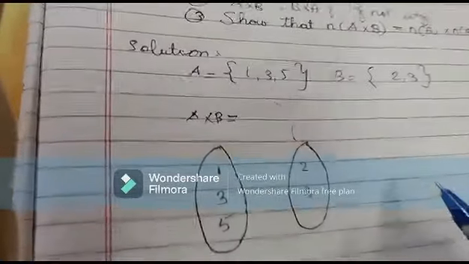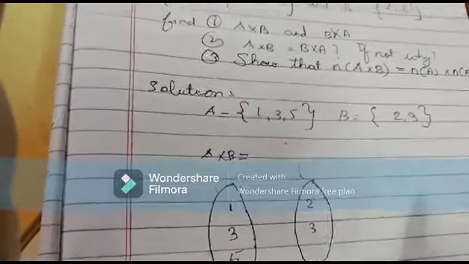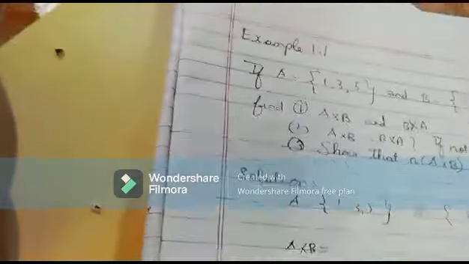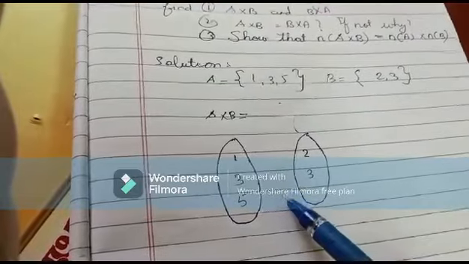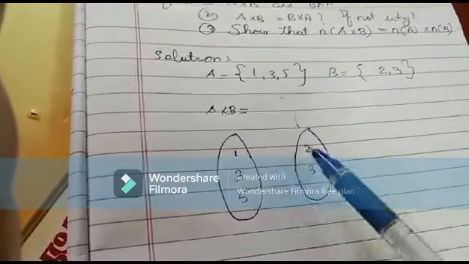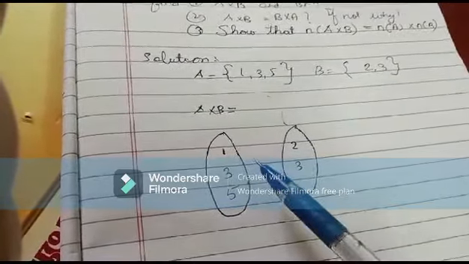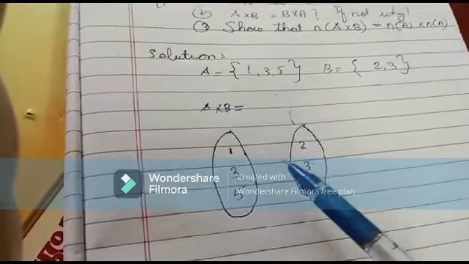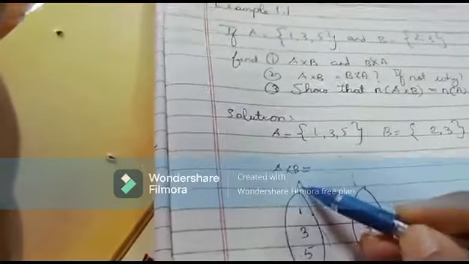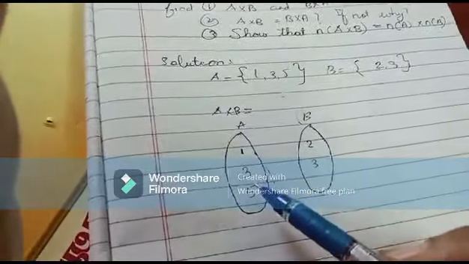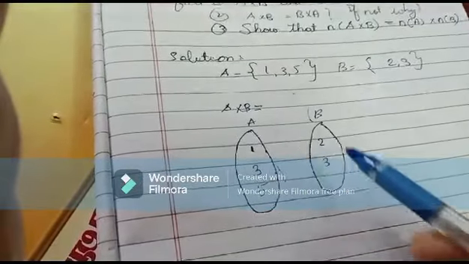Now what you have to do is match all the elements. Each and every element in A should be mapped to all the elements in B. See, this is A and this is B, right?